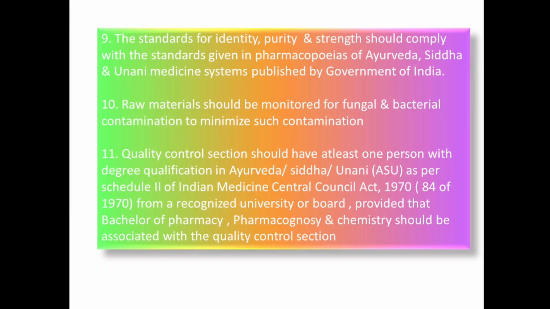So the quality control section must have one person with a degree qualification, and that degree may be from Ayurveda, Siddha, Unani, or it may be a Bachelor of Pharmacy, mostly Pharmacognosy, and chemistry should be associated with quality. He is working with the quality control section and has experience of quality control.